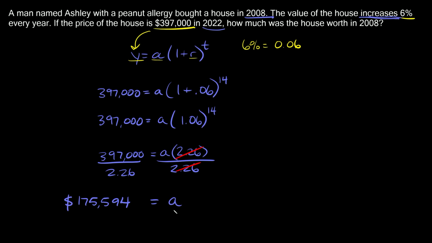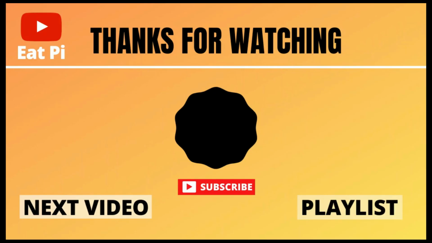Okay, so then this is telling us that the initial value of the house, how much Ashley bought his house for back in 2008, was $175,594.